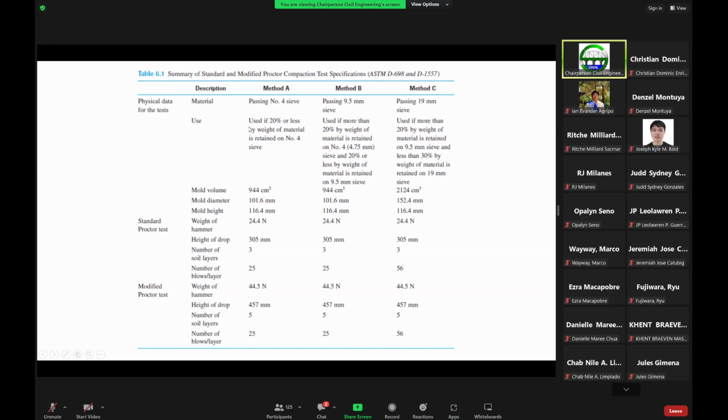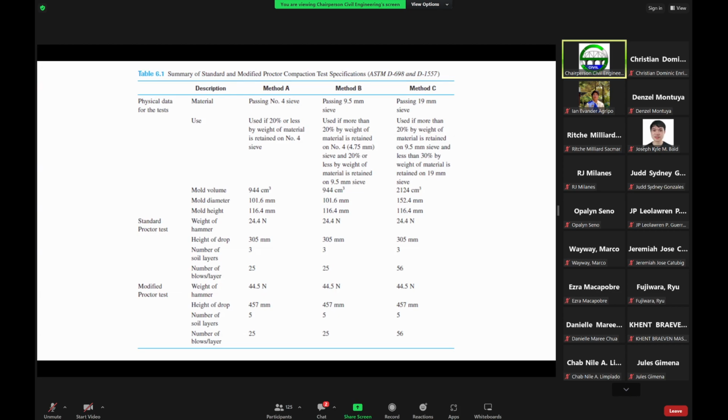Now, method A is normally used if 20% or less by weight of the material is retained on the number four sieve. Method B is used if more than 20% by weight of the material is retained on the number four sieve, and 20% or less by weight of material is retained on the 9.5 millimeter sieve.